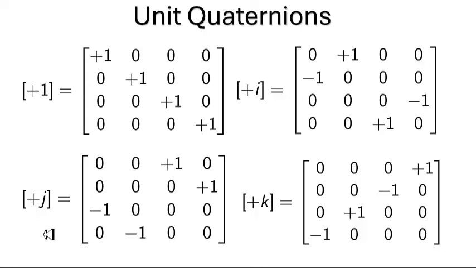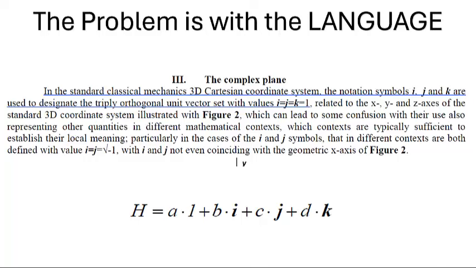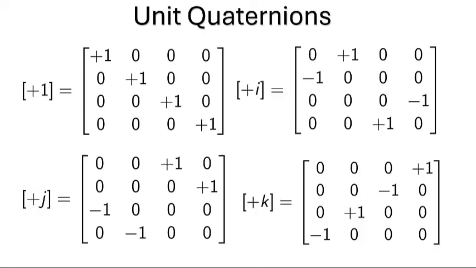Then +j looks like this: we've got +1, +1, -1, -1 in these locations in the matrix. And +k has +1, -1, +1, -1 in these locations in the matrix. So this is what i, j, and k are in the quaternions. This algebraic expression, the 1, i, j, and k, all correspond to 4x4 matrices.